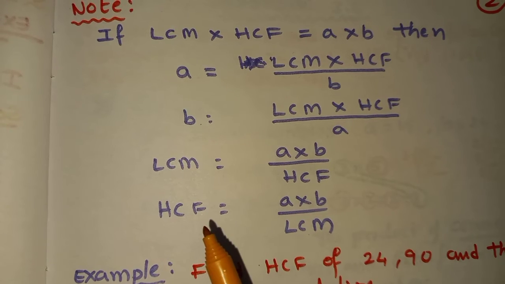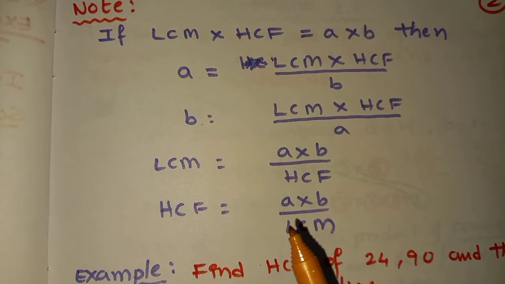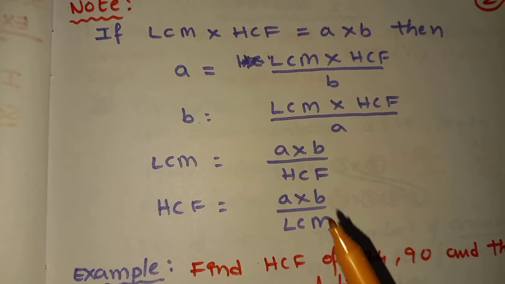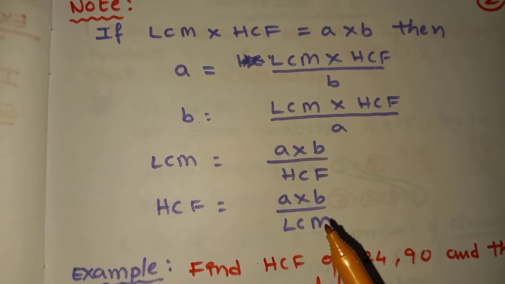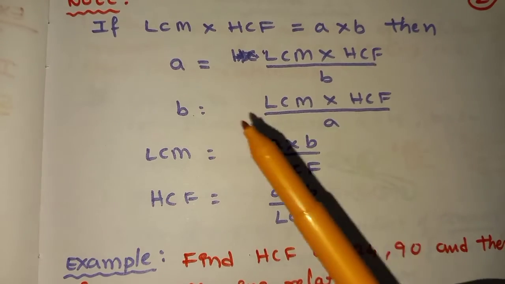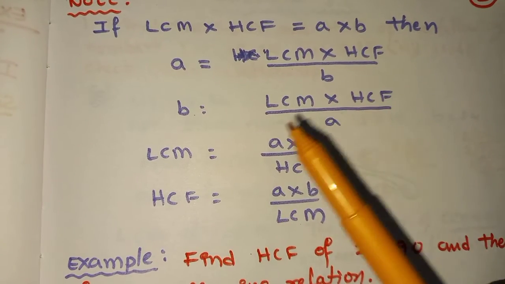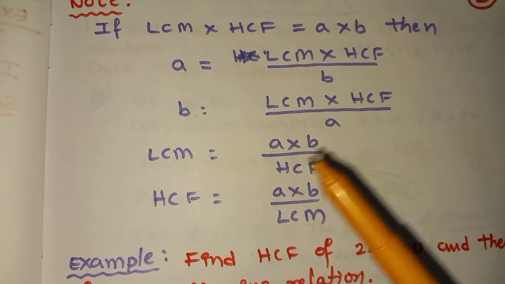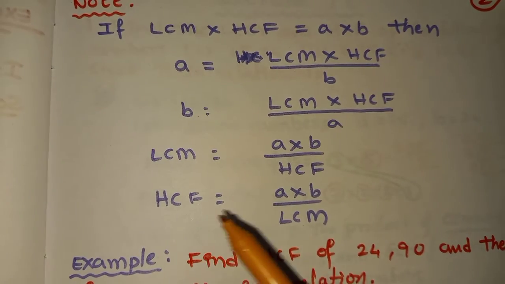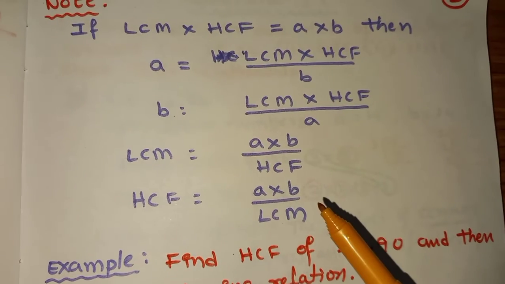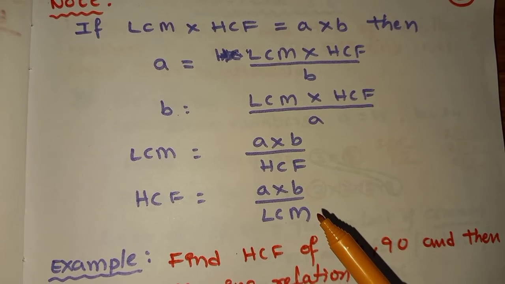Similarly, HCF is equal to A into B by LCM. So by using the relationship, we form another four formulae. They are A equal to LCM into HCF by B, B equal to LCM into HCF by A, LCM equal to A into B by HCF, HCF equal to A into B by LCM.